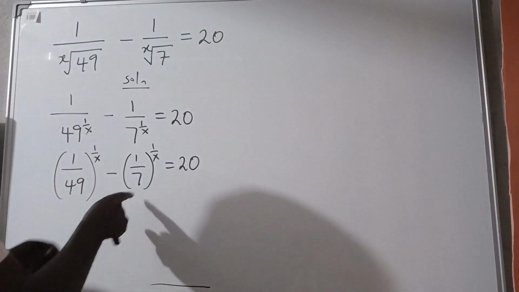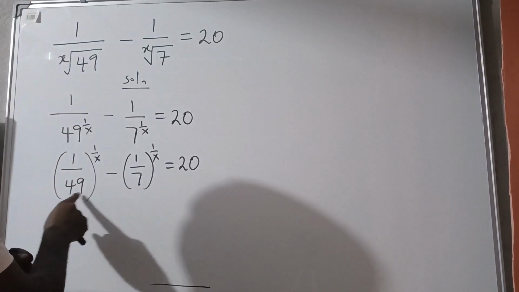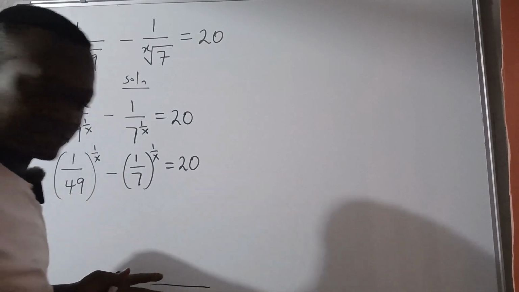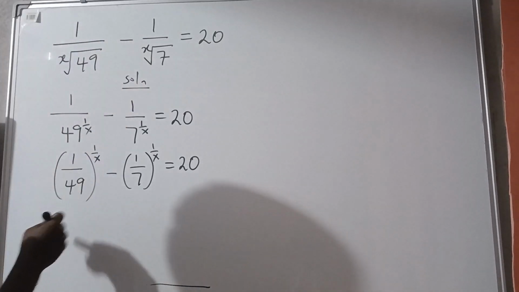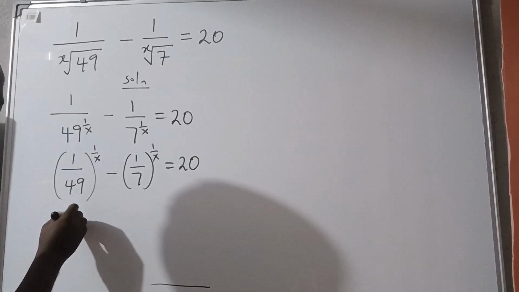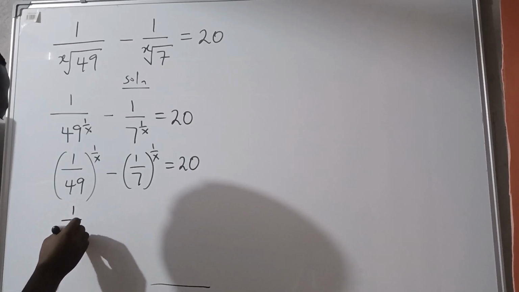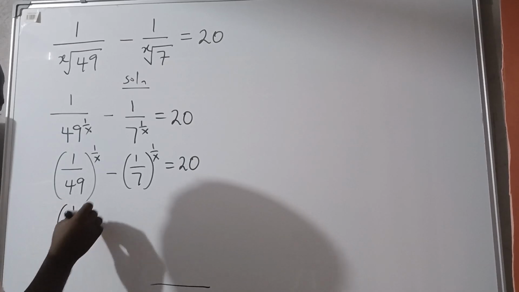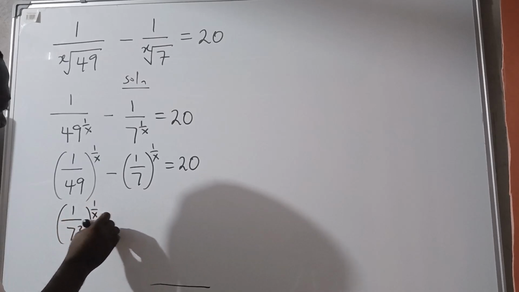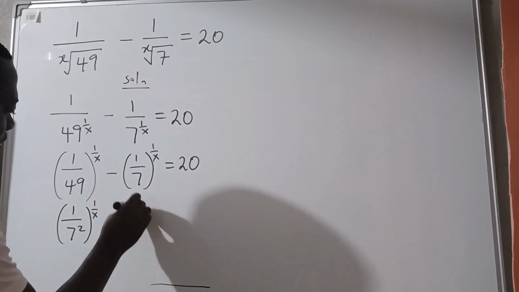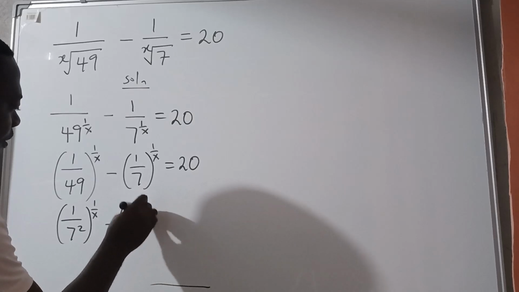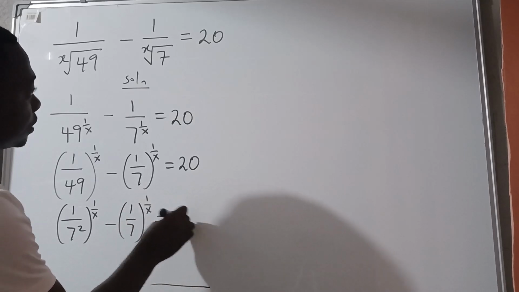Now let's work this. We have 7 here, and 7 squared is 49. So let's change this one as 1 on 7 squared all raised to 1 on x minus 1 on 7 all raised to 1 on x equals to 20.